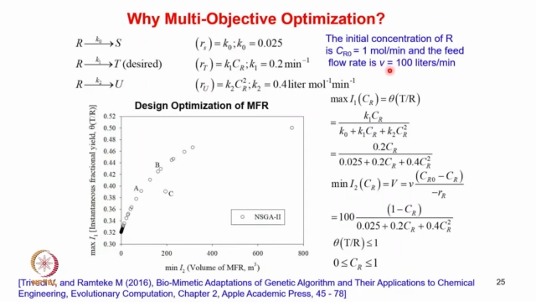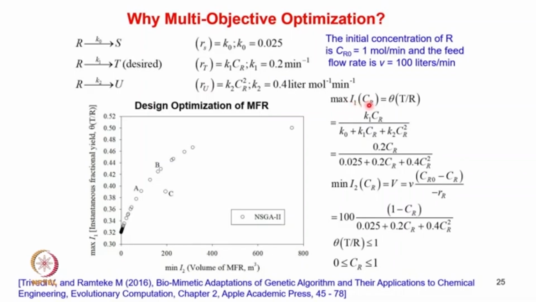Now here my objective is to maximize the instantaneous fractional yield of T. The instantaneous fractional yield of T is defined as I1, which I want to maximize. It is a function of the concentration of R, the outlet concentration of R in the mixed flow reactor, isn't it?